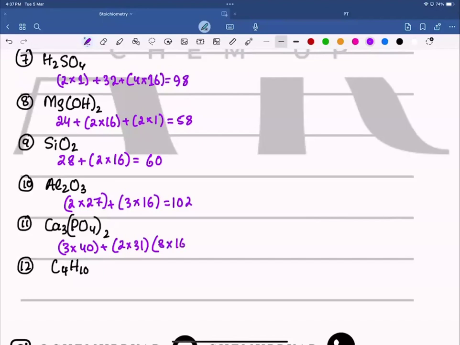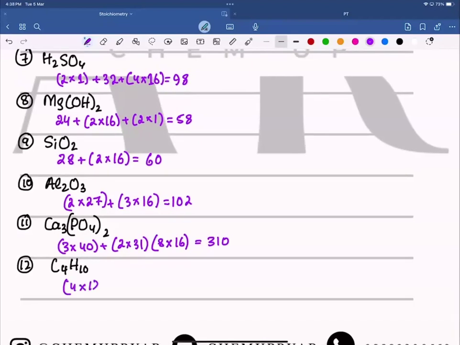So 8 times 16 is 128. So 128 and 120 is going to be 248. 248 and 62, 310. 310.